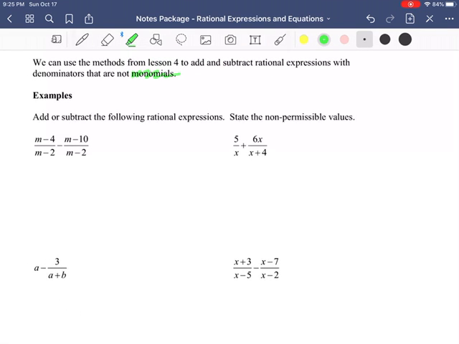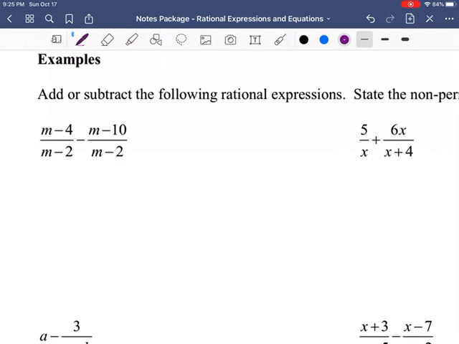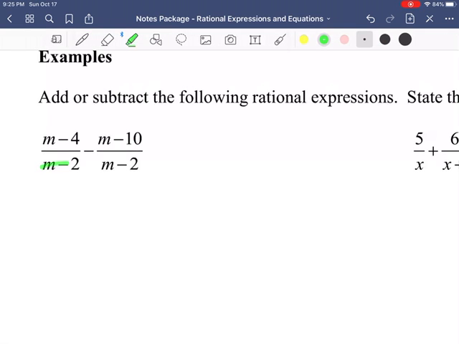So binomials multiplied by monomials, we're going to get a real mix. So the first example here, you do notice that this term is the same. So if they're the same, just go ahead and add or subtract the numerators. Now, if you think of this as a term, if we're subtracting, that negative symbol is going to be distributed to both of those.